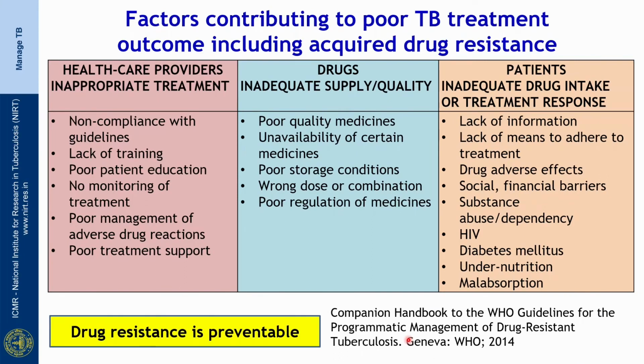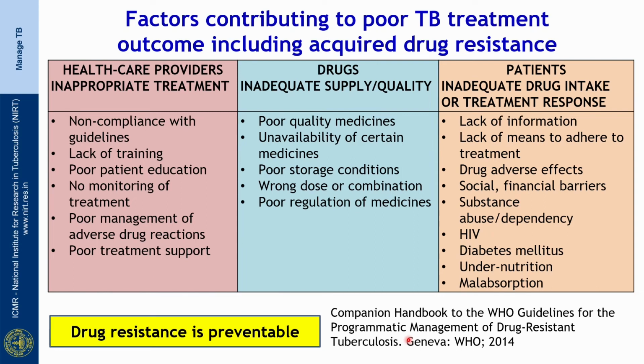So what are all the factors which influence the TB treatment outcomes, which have been well known for long periods. Even though the PMDT program has been available and rolled out for long, this again takes 3 parts. One is healthcare providers, the next is programs, that is drugs, third is the patient's perspective.